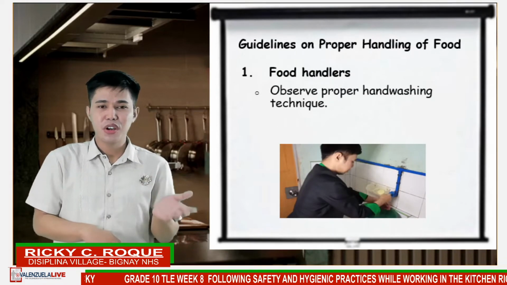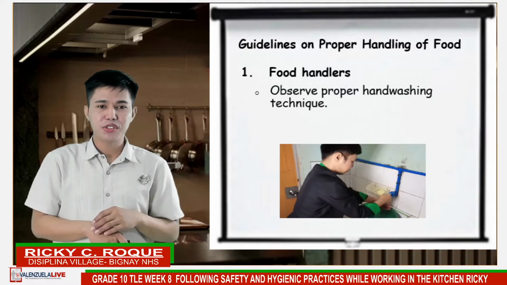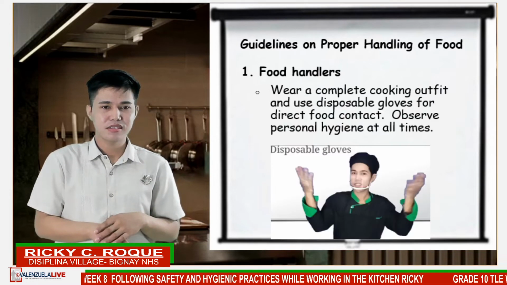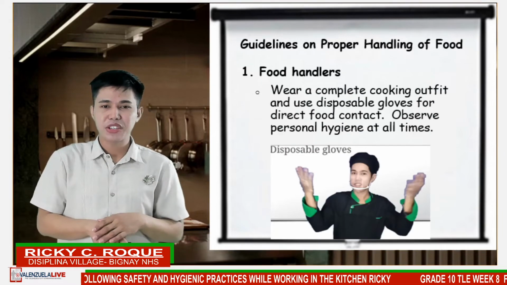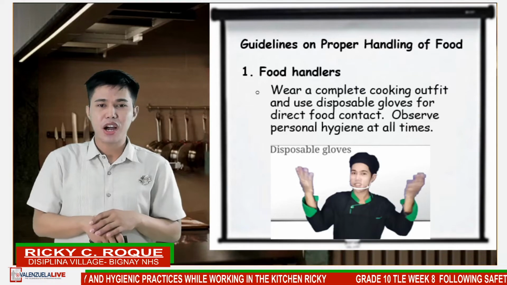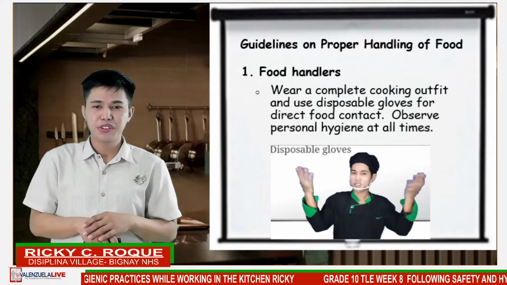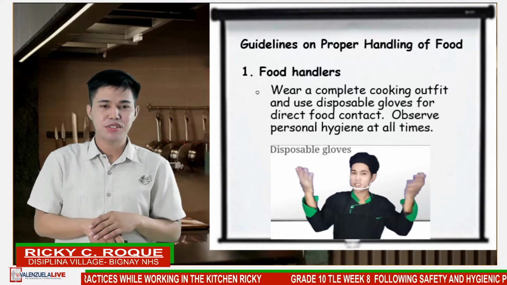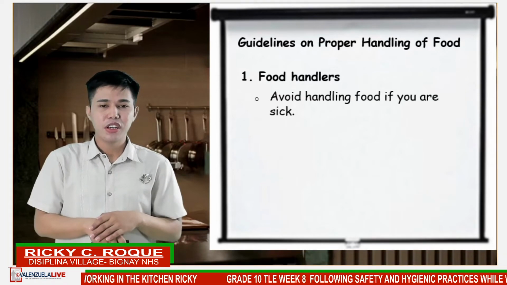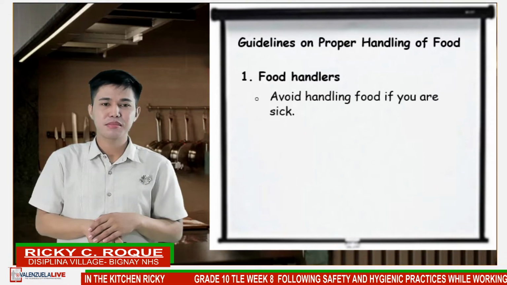He or she also must observe proper hand washing technique. Wear a complete cooking outfit and use disposable gloves for direct food contact. Observe personal hygiene at all times. Avoid handling food if you are sick.